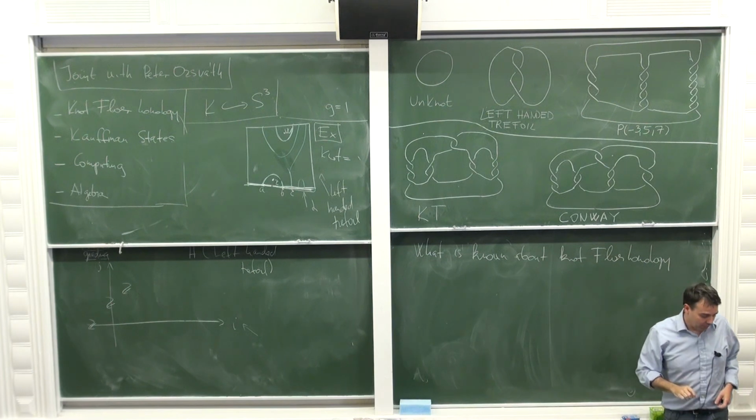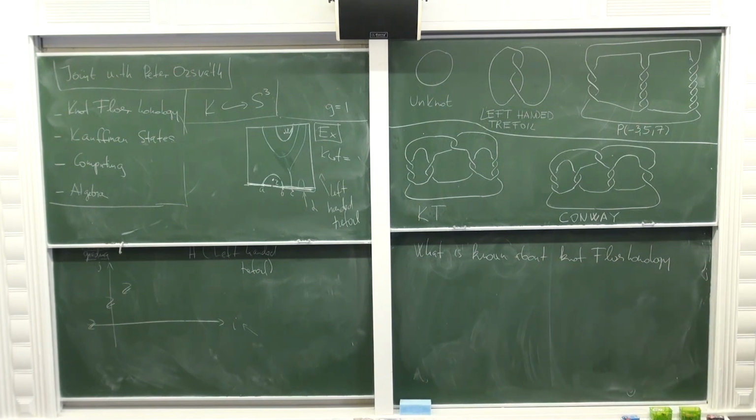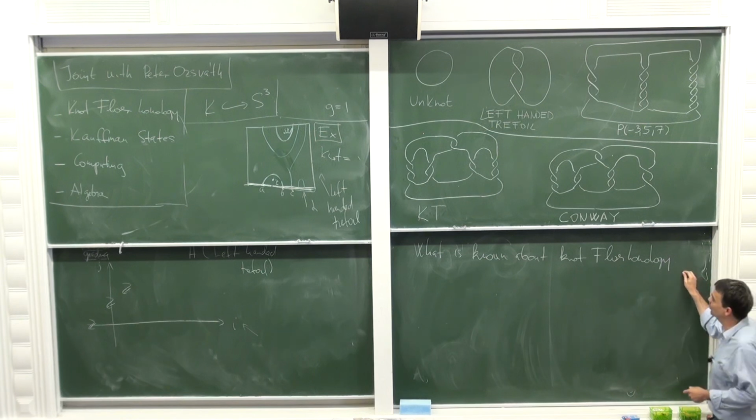After all, when somebody comes up and tells you that there is this invariant, then you can always ask, well, okay, so is it good for anything? And that's a very reasonable question.